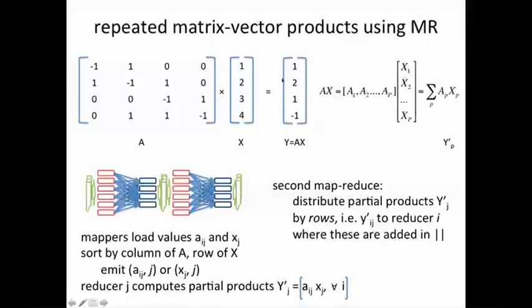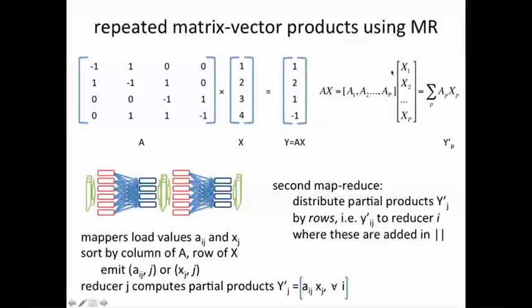Similarly, X1 could be an individual element of X, or it could be a bunch of elements of X or rows of X. And if you write this matrix vector product AX as A1, A2 up to AP, where P is the number of processors that we have, and X1 up to XP, and obviously if you have P processors, you'd have to use appropriate bunches of columns of A and rows of X. Then you do a similar matrix vector multiplication here.